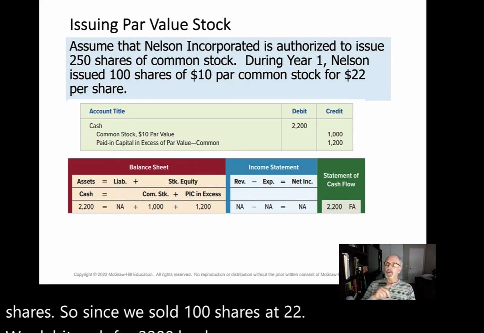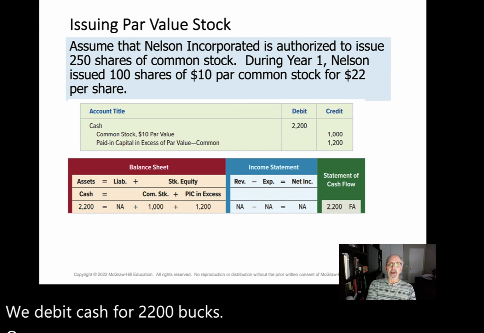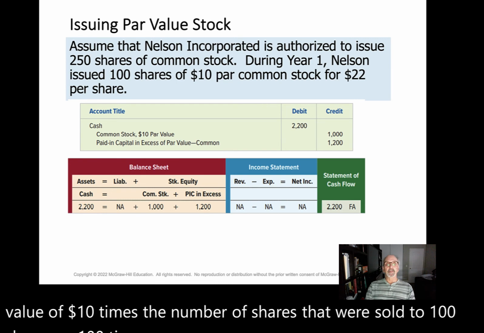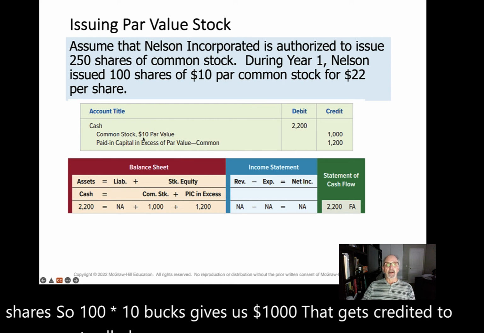Now our legal capital is going to be calculated by taking the par value of $10 times the number of shares that were sold. It's 100 shares, so 100 times $10 gives us $1,000. That gets credited to an account called common stock $10 par value.